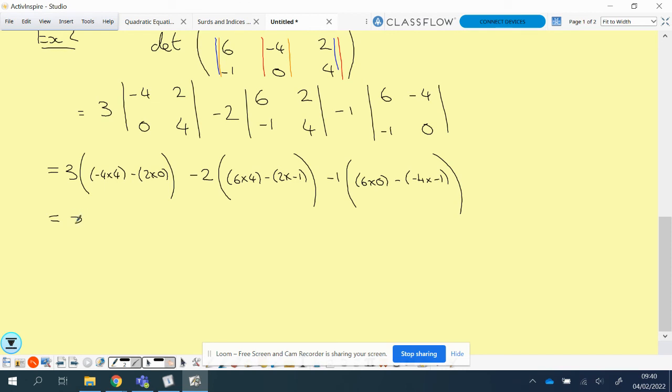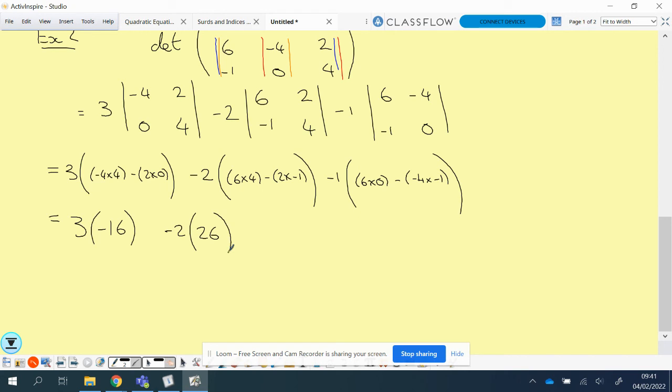Let me work out what's in each bracket. -4 times 4 gives me -16. That's just -16, because 2 times 0 is 0. Next one, we've got -2. 6 times 4 is 24, and I'm going to add 2, because 2 times -1 is -2 and the minus hits that, so that's going to give me 26. 2 lots of 26.